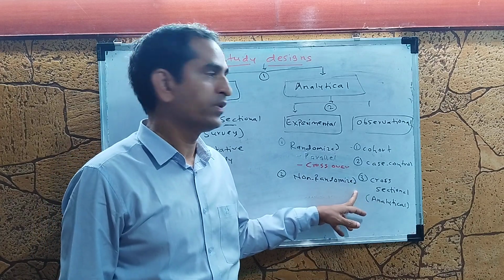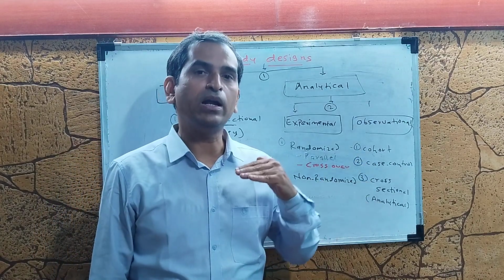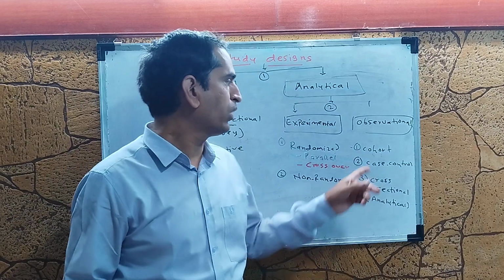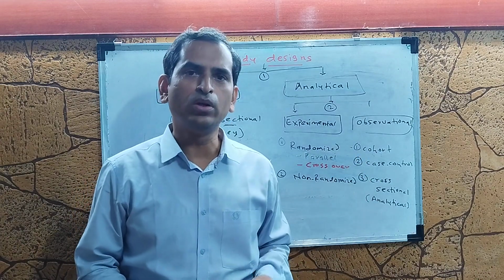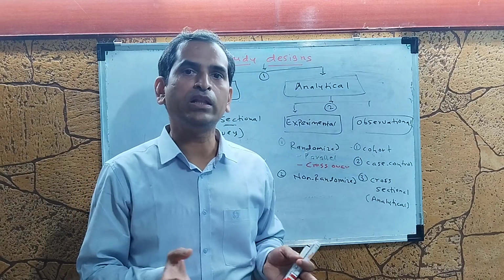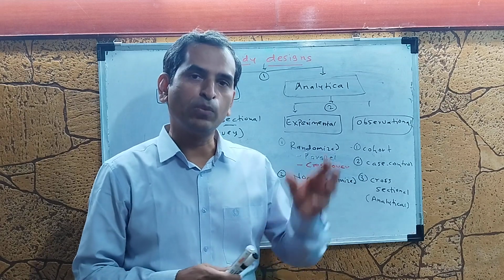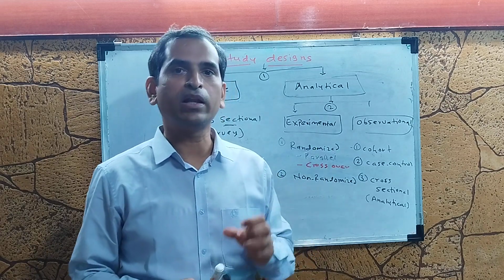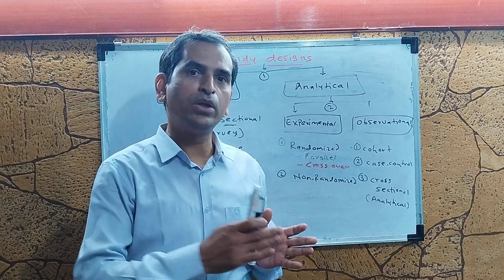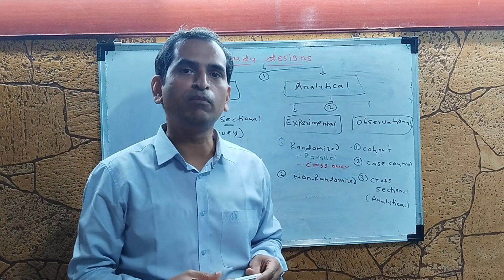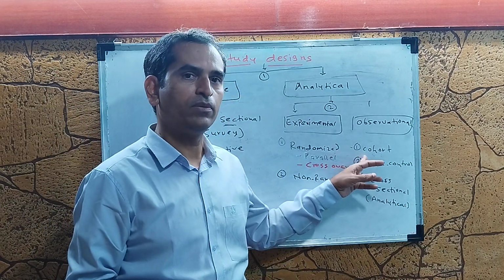When the outcome is analyzed after some time, that is called a cohort study. A cohort is nothing but a group of participants or subjects having similar characteristics. You will be observing them and the outcome will be seen at some point of time. That is the cohort.